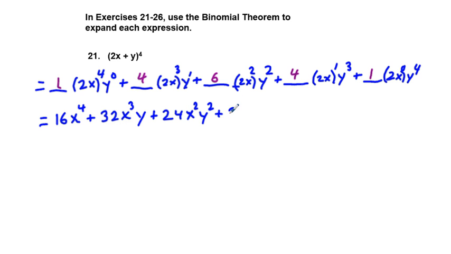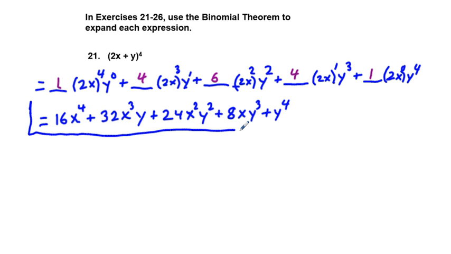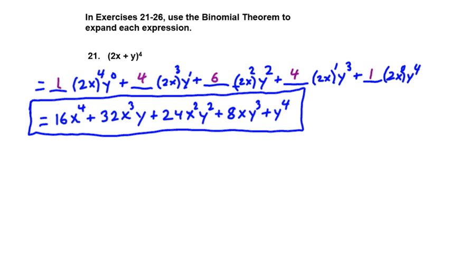So we're going to get 8 x to the first power, y to the third power, and then I think our last term is just going to be 1 times 2x to the 0 power. All that's going to be 1, so we're just left with our last term, y to the fourth power. And this is going to be the entirety of our binomial expansion. There we go. Problem 21.